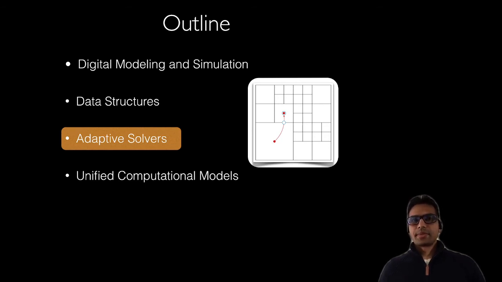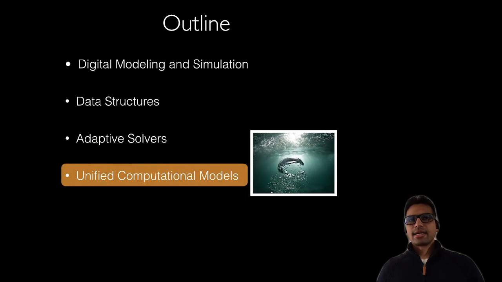So I'll basically start motivating the idea of unified computational models using the example of bubble simulation. Now, if you don't see the connection immediately, then please bear with me because I'll bring out what's the connection between unified computational models and bubbles as we go through the next few slides.